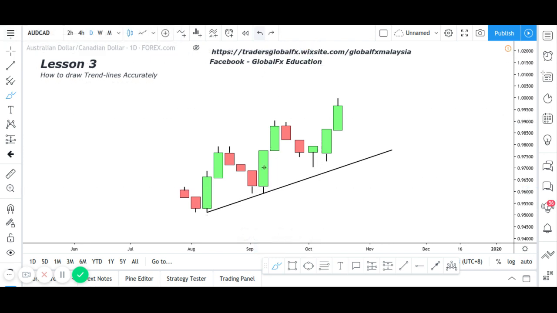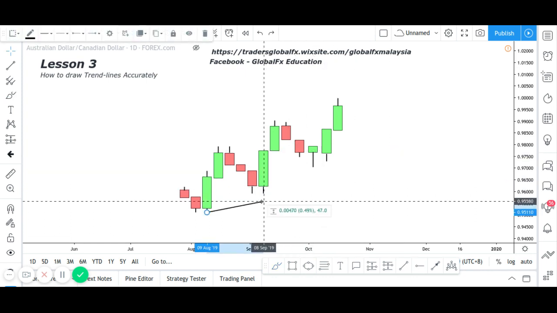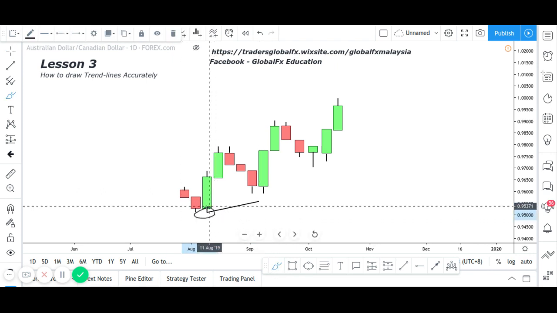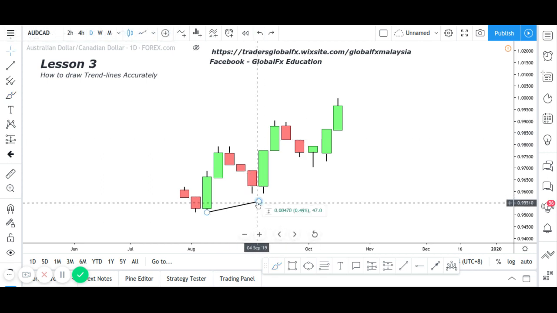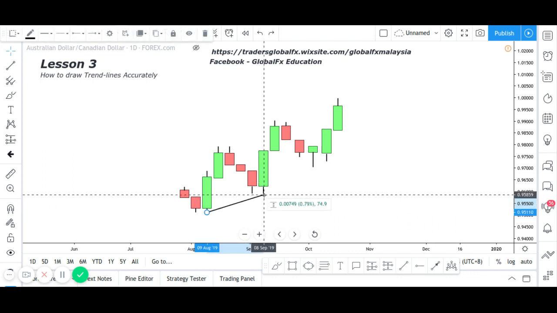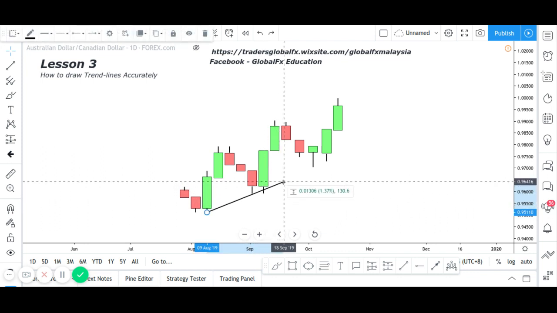So basically, my strategy to draw a trend line is you're going to use that lowest low that we just spoke about over here. We're going to use this lowest low in order for us to get our dynamic support. So we take our low, we take our trend line and we move it across onto the bottom of the candle.